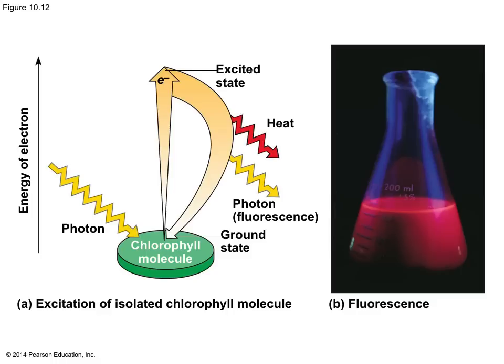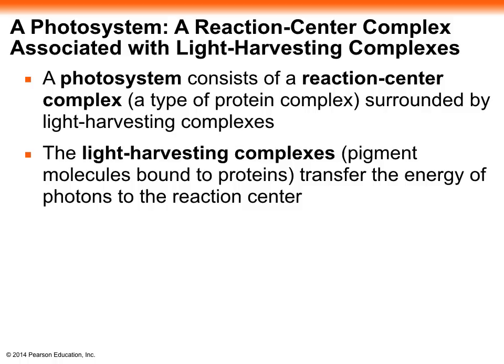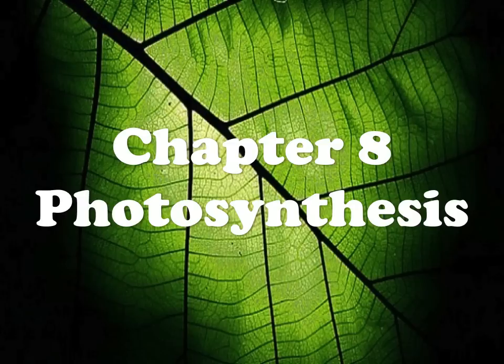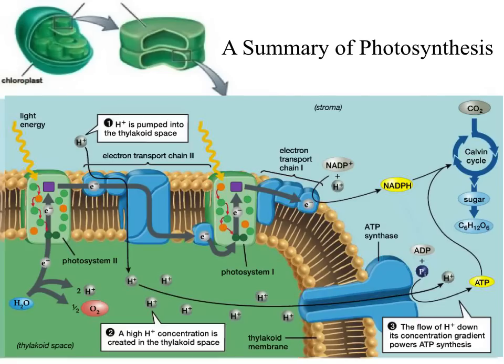Now let's go back to our photosynthesis diagram and talk about exactly what's happening step by step. If you notice, there are actually two sets of photosystems.